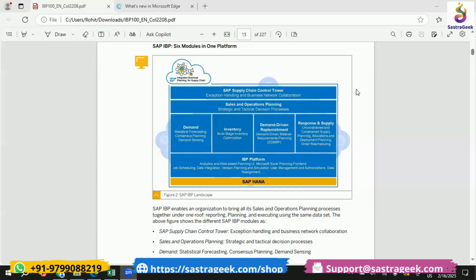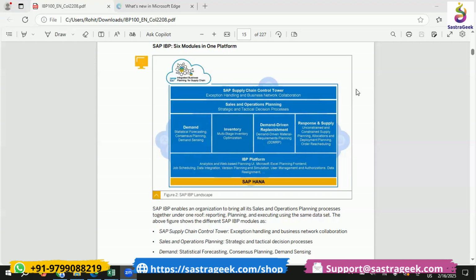Okay. And then the third process could be strategic planning, which is at a very aggregated level, not at a finished good level, but at an aggregation of product family or brand or category level, in yearly buckets.